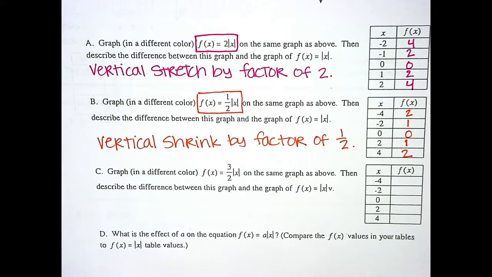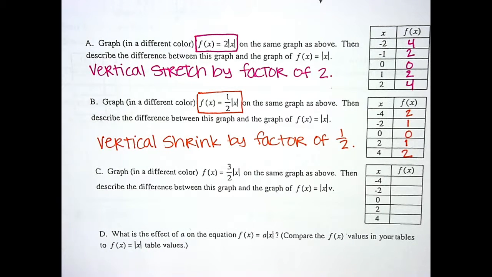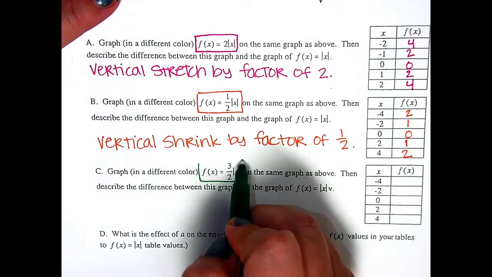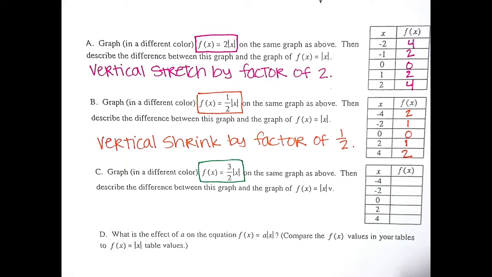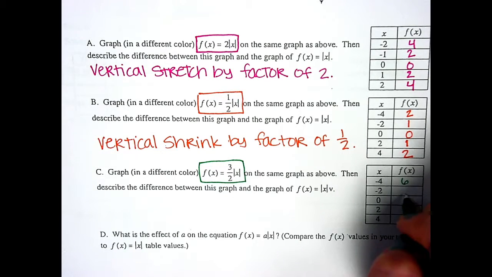Okay, the next part, C, says to graph f of x equals 3/2 times the absolute value of x. So -4 will give you 6. -2 is going to result in a 3. 0, 0. 2 is 3, and 4 is 6.